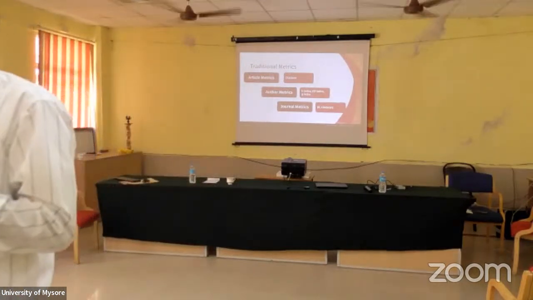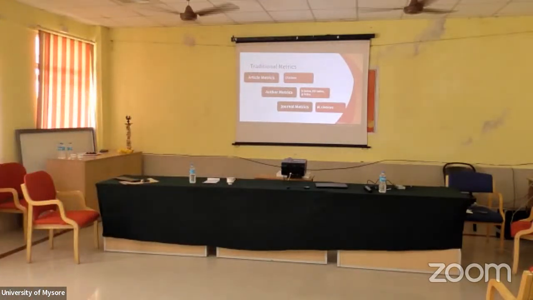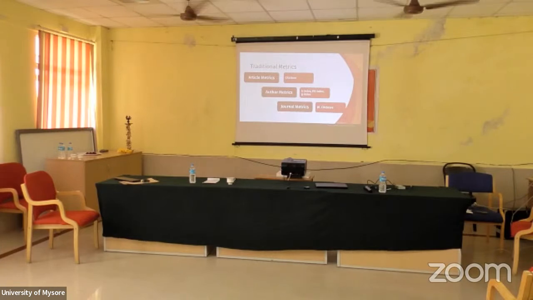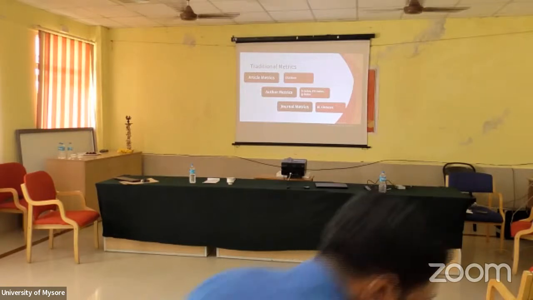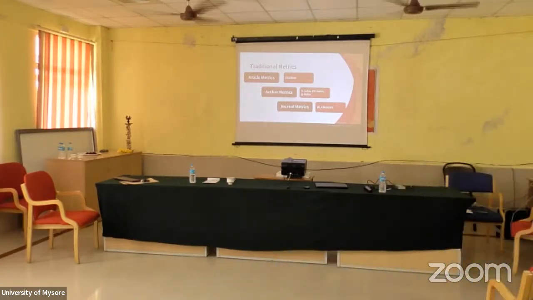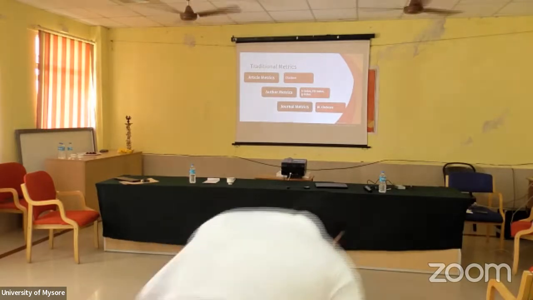People started questioning as to why the impact of an article or an author or a journal should be measured only in scholarly sources. Why not non-scholarly sources? Why not public documents? Why not public platforms such as newspapers? My article is discussed in a newspaper in the form of an article in a nutshell.